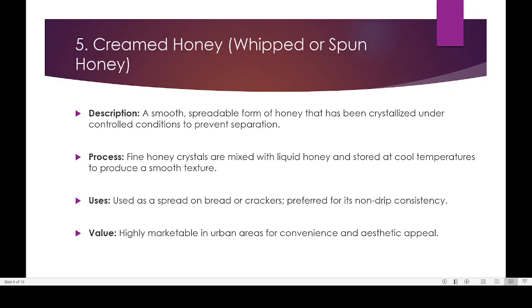But Nutella has a lot of fat. If you are using honey spread for daily breakfast, then honey is very good. Health-wise it is better than other products like Nutella. So that is the advantage of honey.